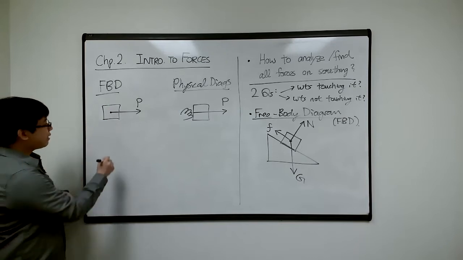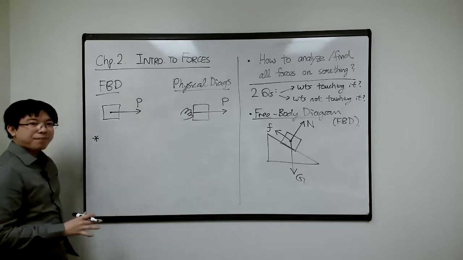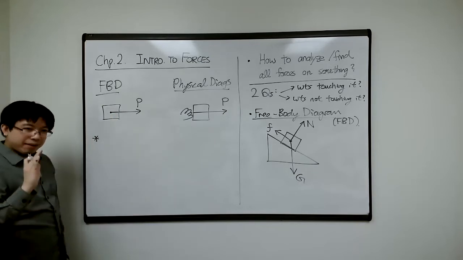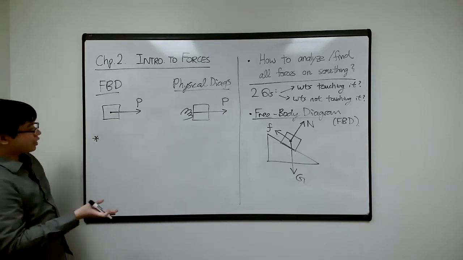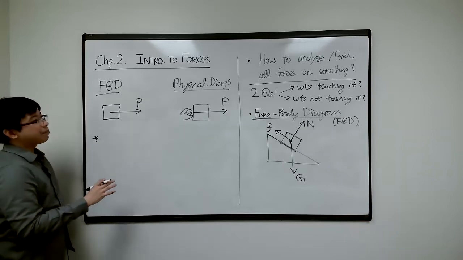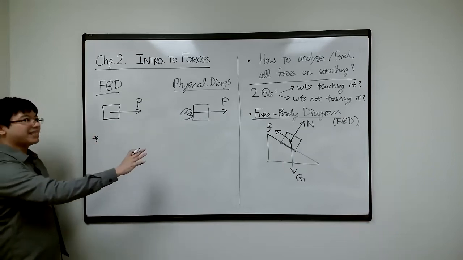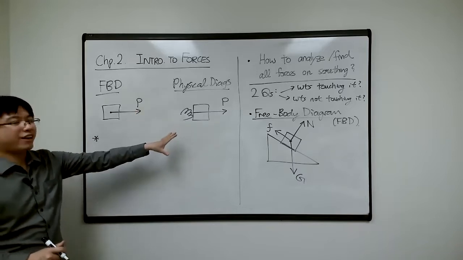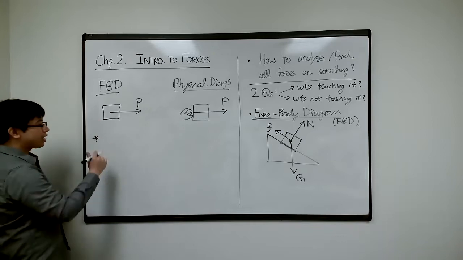But the key difference to make it a free body diagram, and I think if you don't draw it from the center of mass, technically it's not called a free body diagram. You can call it a physical diagram. We won't really deduct any points in an exam, but trust me, a lot of mistakes are led from students insisting on drawing it that way instead of this way. This will reduce a lot of mistakes.